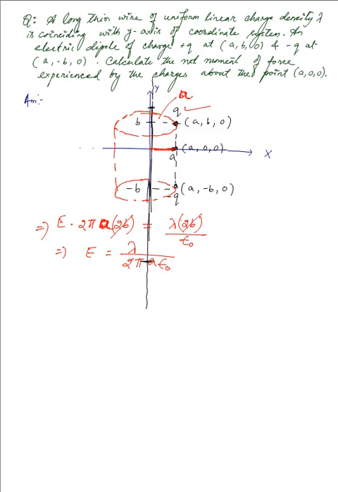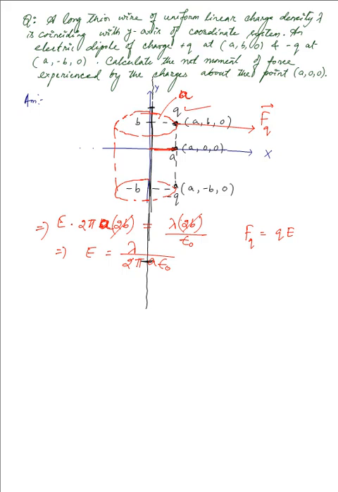Now, as far as the force is concerned, the force on the charge q, F on q, will be a repulsive force because the electric field is going to be a positive one for the positive charge distribution. So the repulsive force is experienced along this direction. This is the force on q, and that is equal to q times the electric field at that point.